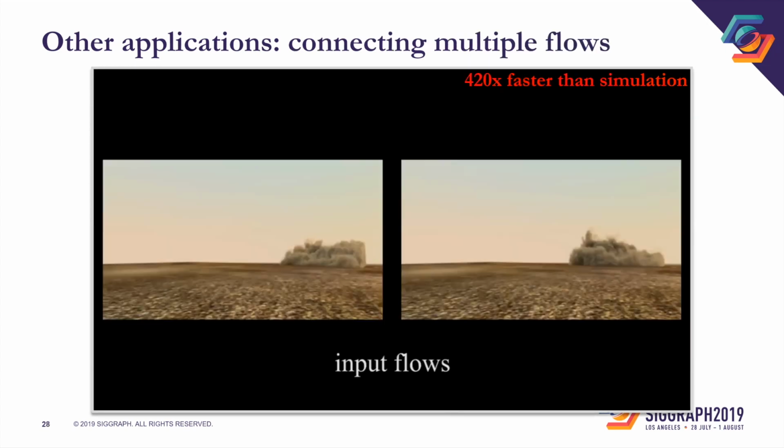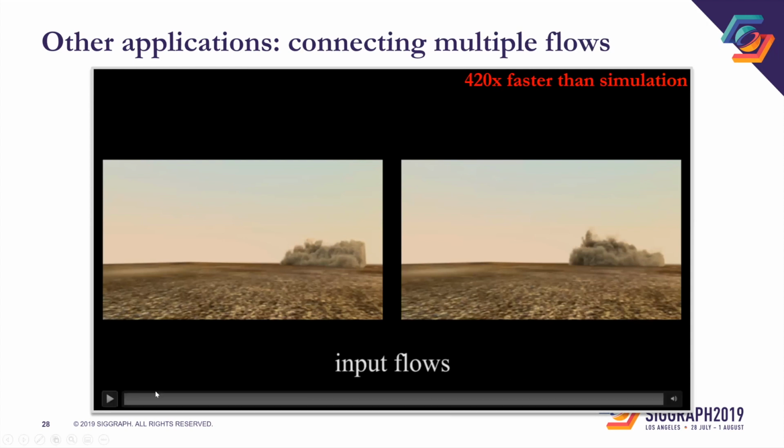And this is the final example of this method. In this case, we want to make a large-scale sandstorm animation, but the large-scale sandstorm simulation is very time-consuming. So we split the simulation into two, this one and this one.